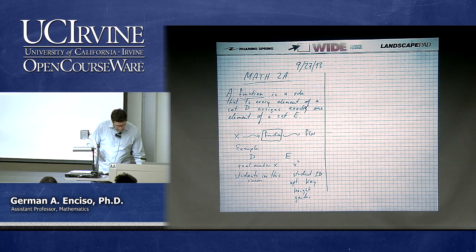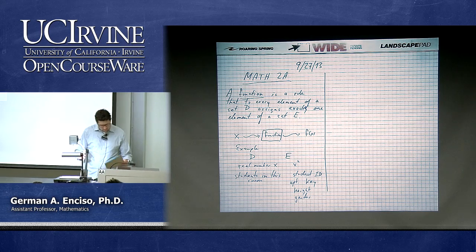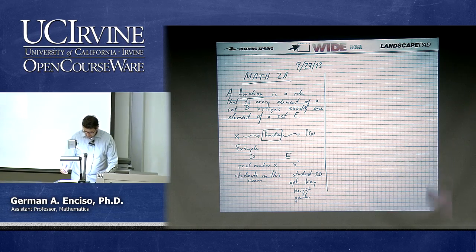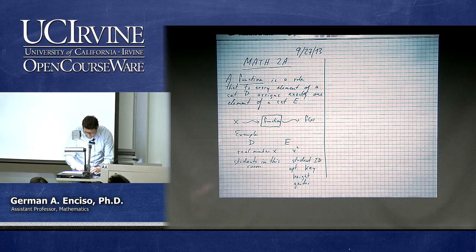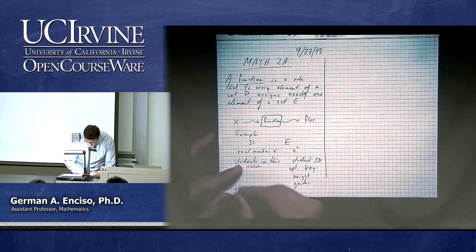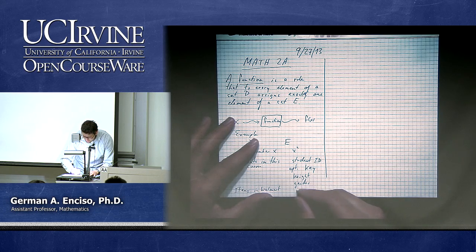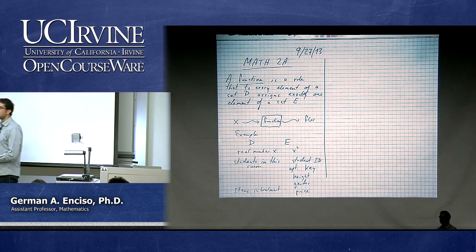But for example, if you have the items in a store, for example, items in Walmart, and out comes the price. Each item has a price.